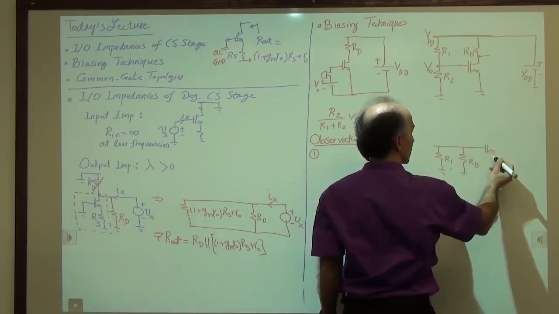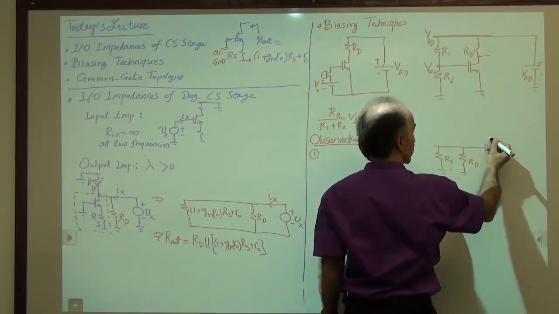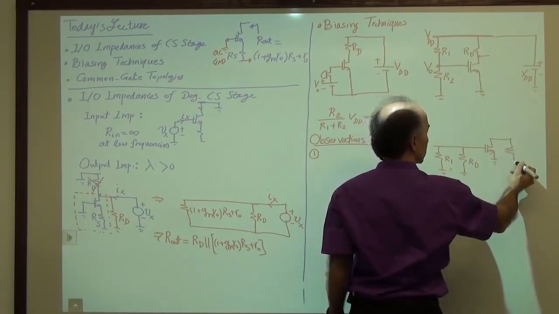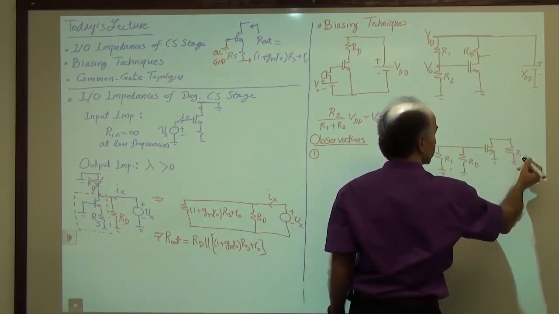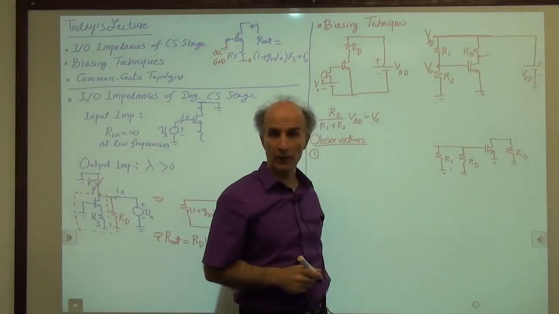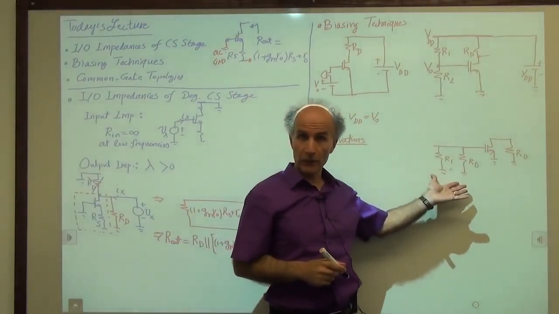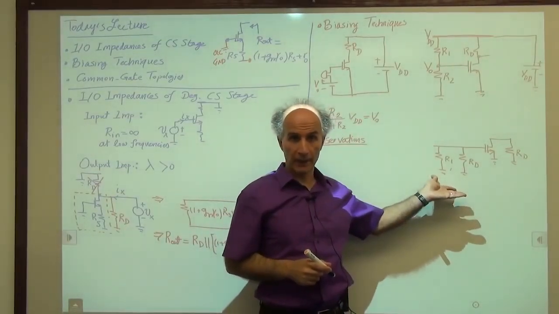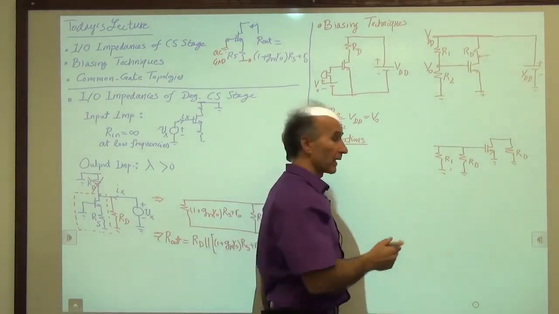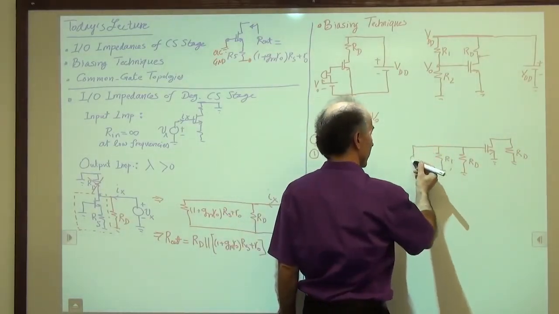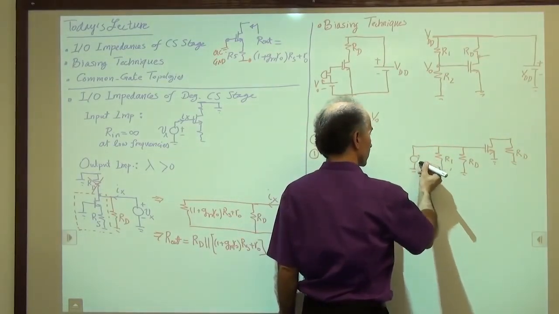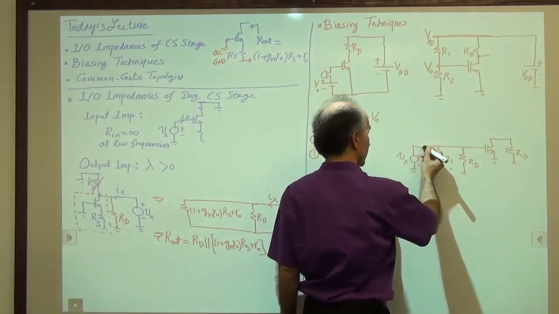I don't bother to draw the small signal model, and then I have RD going to ground, right? That is the model of the circuit ready for input impedance calculation. And then I apply Vx here, and I would like to measure Ix.